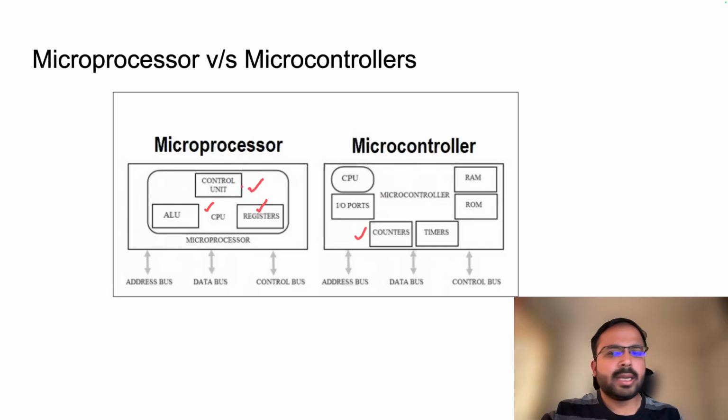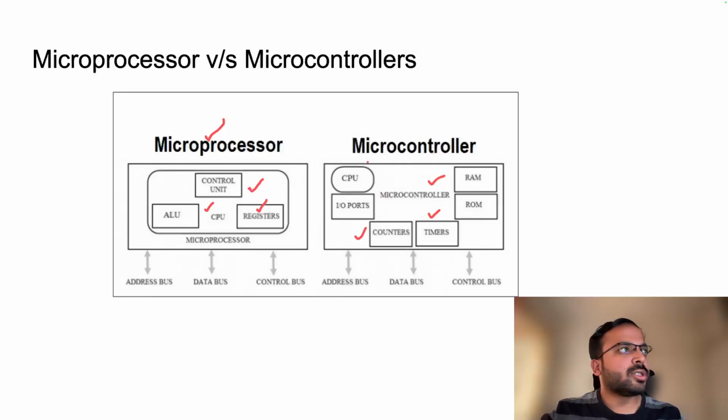If those are not integrated in the same chip, it is called only a microprocessor. When you have peripherals, IO ports, counters, timers, RAM and ROM, all integrated on the same design, on the same chip, then it is called a microcontroller.